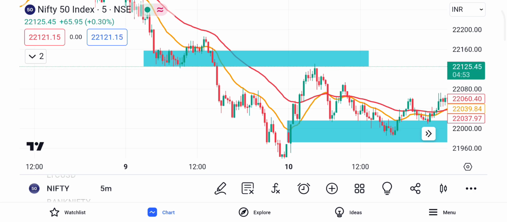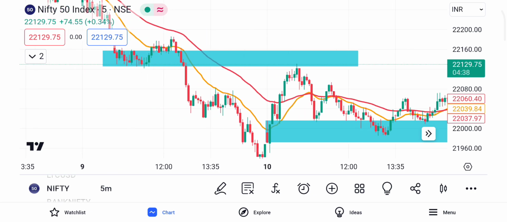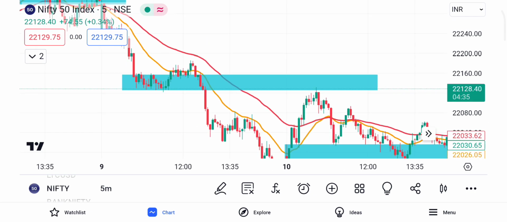In Bank Nifty you may find that it has just broken that day's high and is moving up, so it's confusing. But using Nifty you can predict that from here it may come down again. There is a very good chance. I'm not saying it will happen every time, but most of the times this happens.